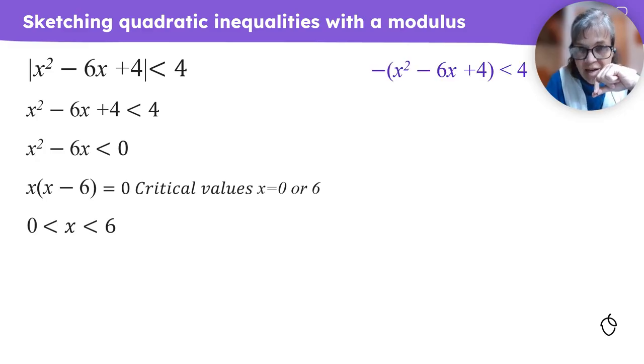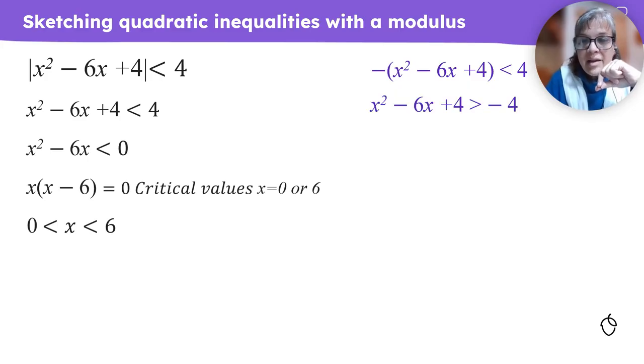Now if I take the negative, as I said, I'm looking at what if the thing inside the modulus had been negative? And if it had been negative, to clear that negative, I need to divide both sides by -1. And if I do that, I end up having that quadratic in an unmodulus form greater than -4. Where was it greater than -4?